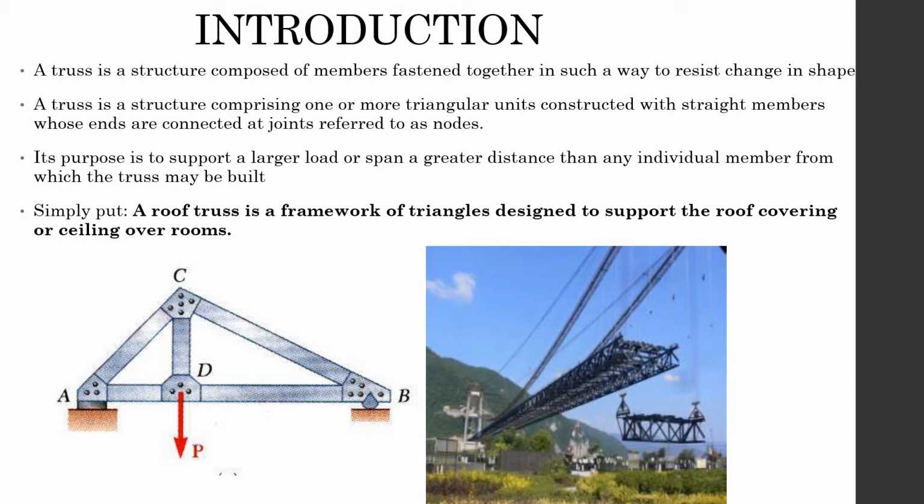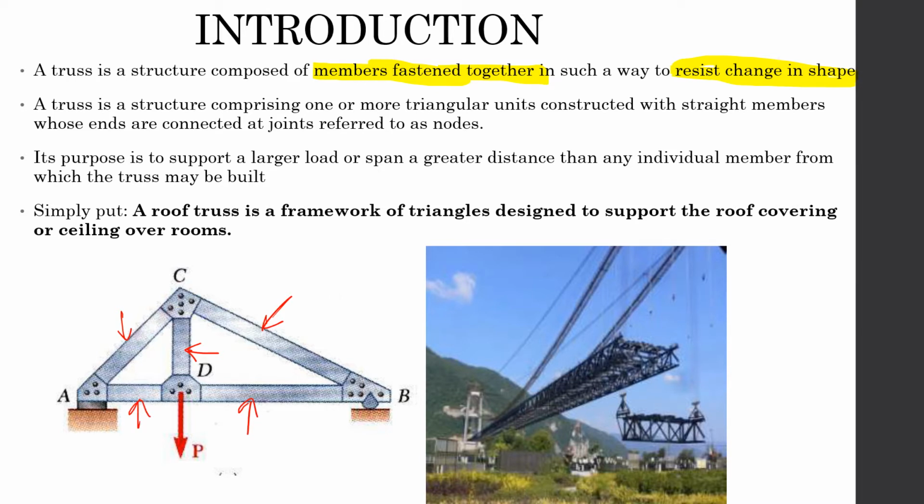A truss is a structure composed of members which are fastened together in a way to resist change in shape. So what this means is that there are several members like this, this, this, this and this.